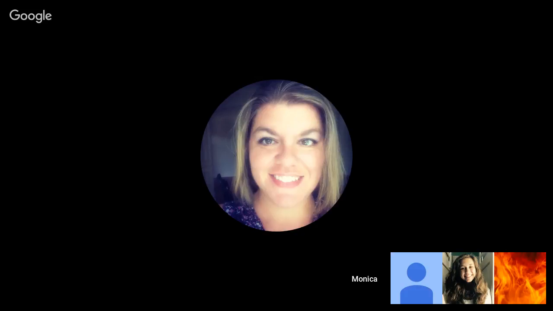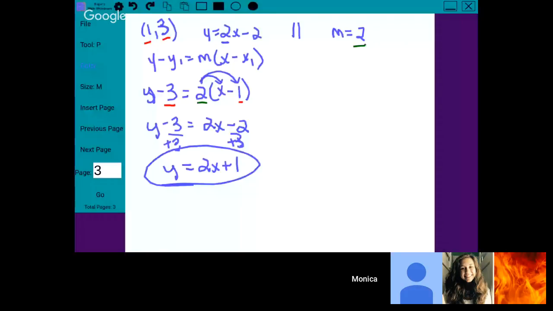Madison, number 21, you'll handle in a similar manner to the one that I just did, except you'll use the perpendicular slope.